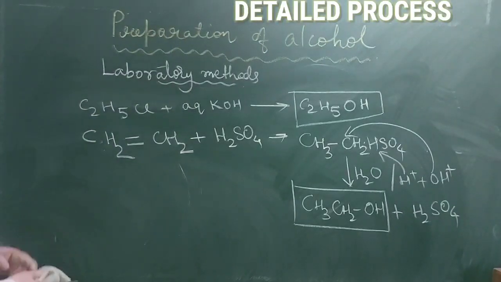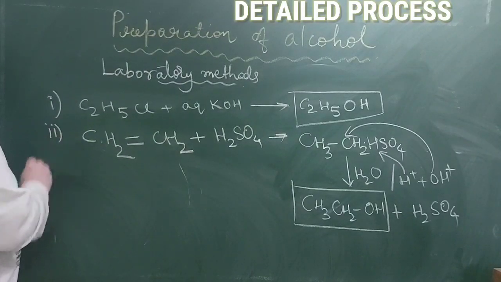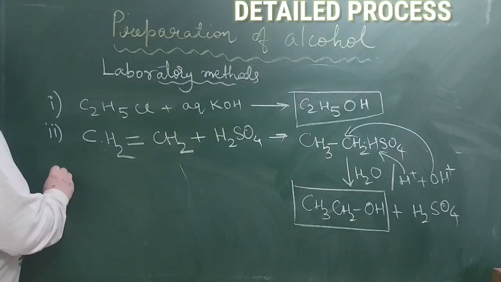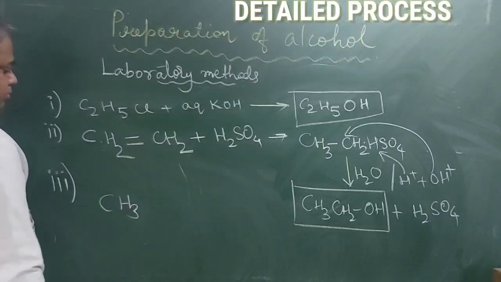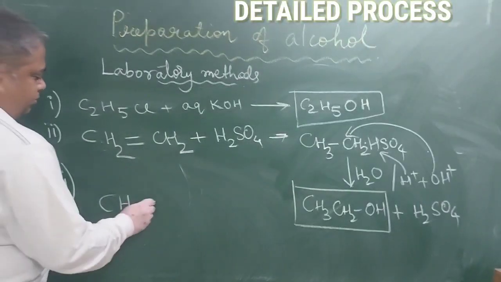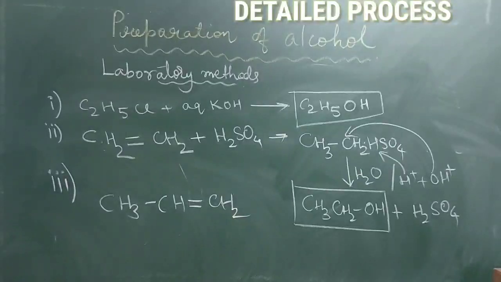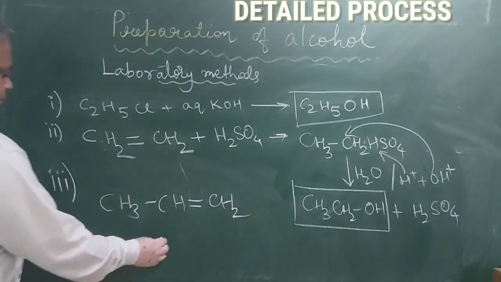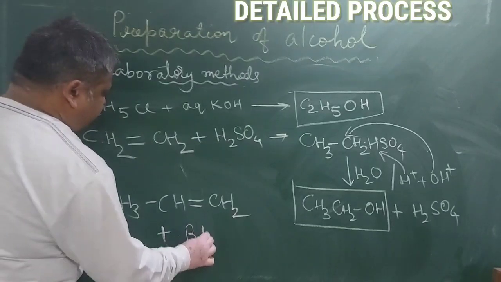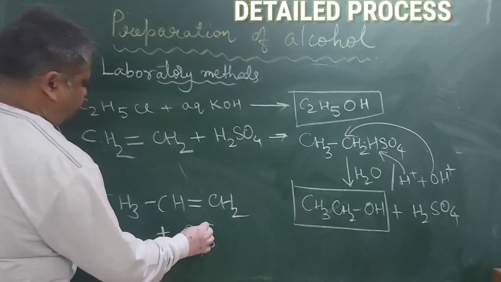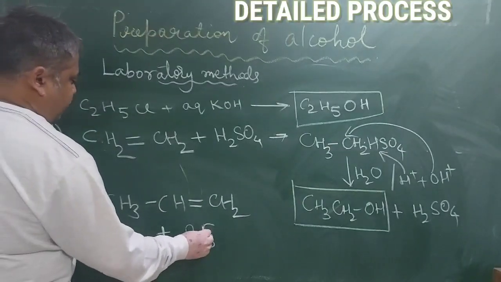Then we can do it by hydroboration also. Hydroboration reaction. Method 1, method 2, method 3. CH3 CH double bond CH2. If this is treated with BF3, so it is an electron deficient compound.